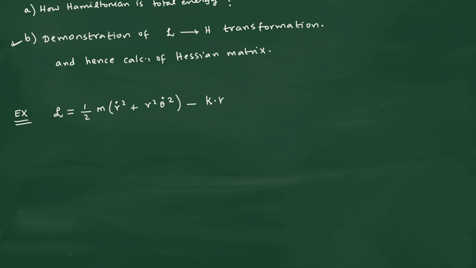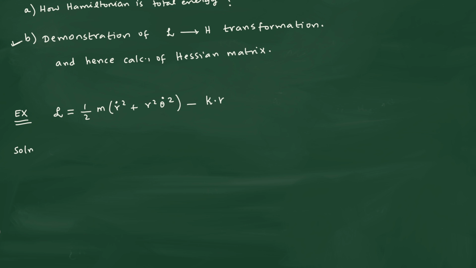The second thing is whether the given problem is a three-dimensional problem or a 2 degrees of freedom system. Those things you also have to decide. Only the Lagrangian will be given; the rest you'll have to find out.